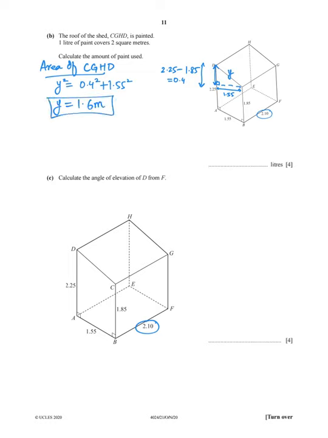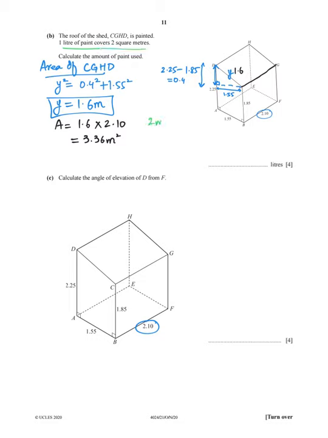Now you have the value of y, that is 1.6, and we have the breadth of the rectangle. So the area we can find is 1.6 multiplied by 2.10. So you will get the area as 3.36 square meters, right? The condition is 2 square meters requires 1 liter.